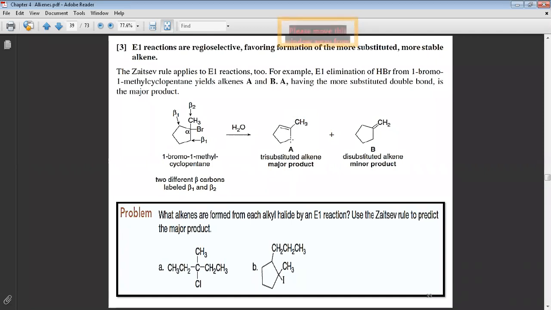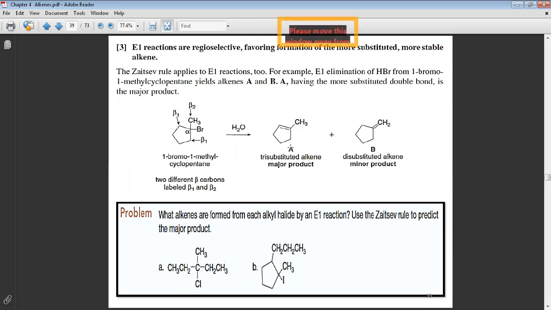With this carbon, two, with this carbon, one. Look at this double bond: this hydrogen is not an alkyl group, not a carbon. This carbon and this carbon have, on one side, two alkyl groups, and on the other, one. Which is more stable? The more substituted one, so it will be the major one. It will be more stable.